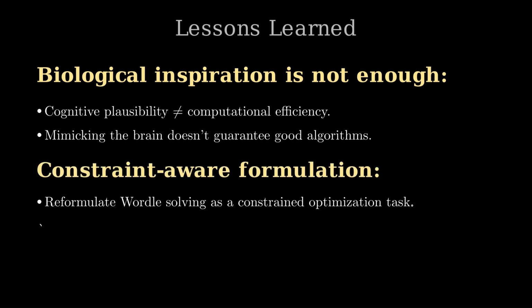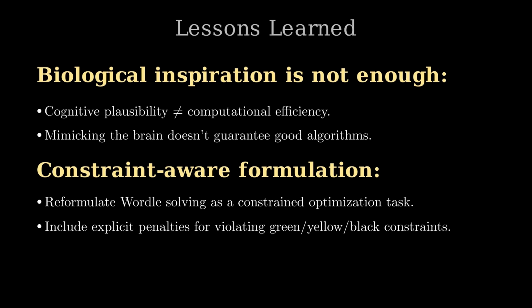If I were to attempt this again, I would formulate it as constraint-aware optimization rather than pure pattern completion. The energy function would include explicit penalty terms for violating green, yellow, and black constraints, while still biasing towards true memory terms.